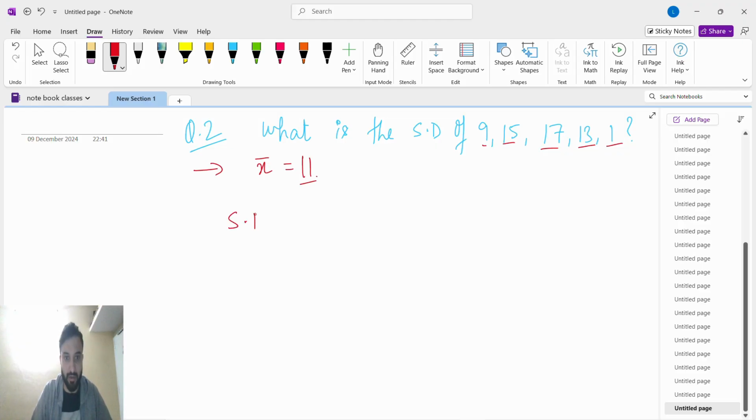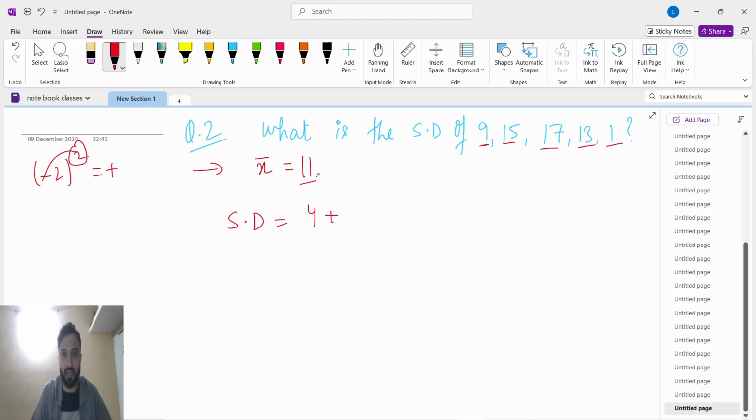Now we'll find the standard deviation. Same, x1 minus x bar, whatever you get, whole square. 9 minus 11 is minus 2. Forget the minus, just focus on the number, because we have to do the whole square, so every time the minus is going to convert into plus. So 2 squared is 4.